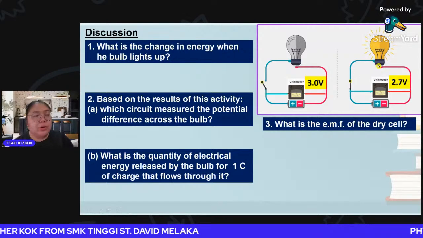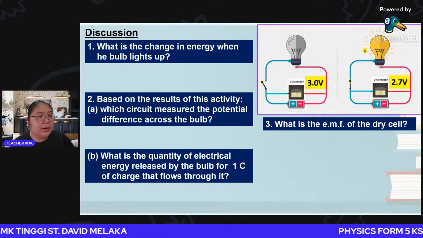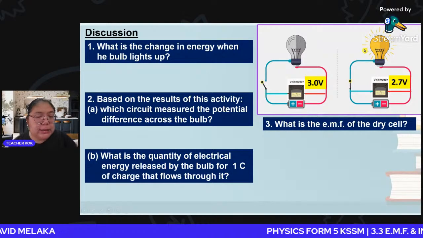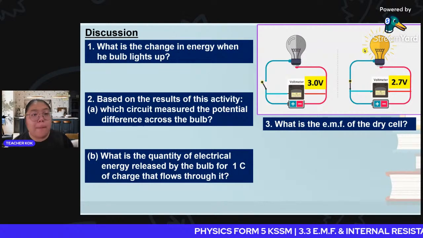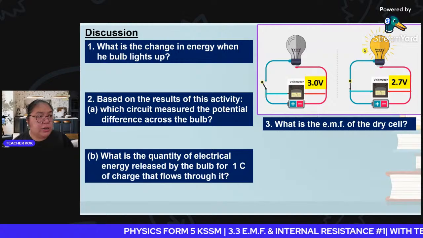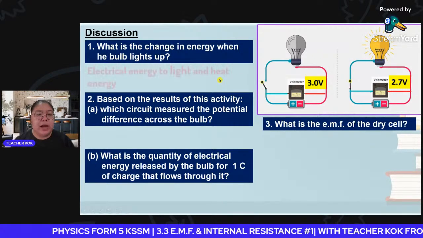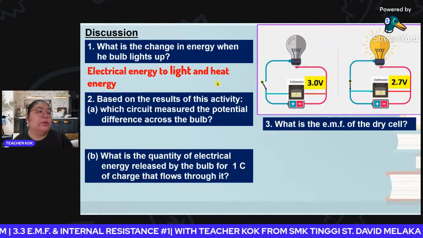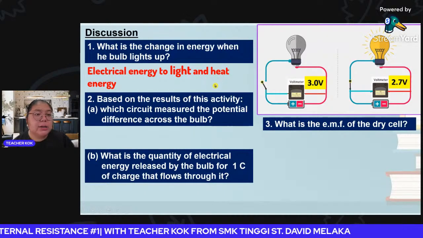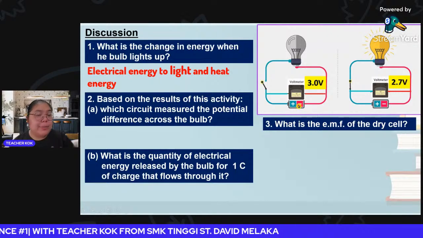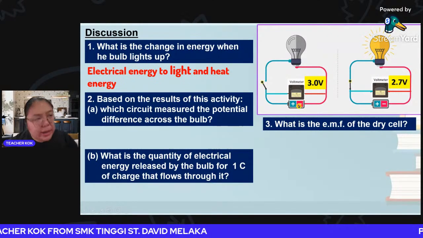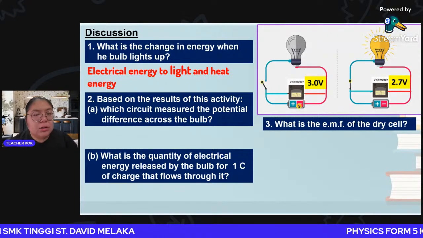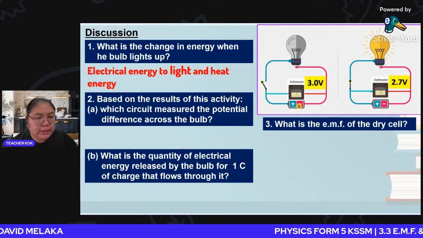Finally, electrical goes to light, and light comes together with heat. This is the complete energy change. So the answer is electrical energy goes straight to light and also heat. Remember, they never mention chemical. We are just talking about the main one: from electrical, straight to light and also heat.